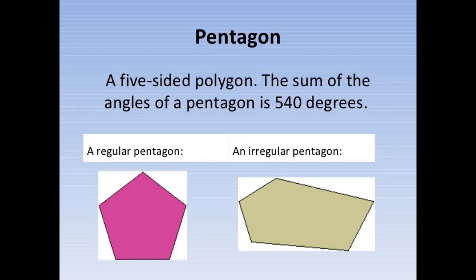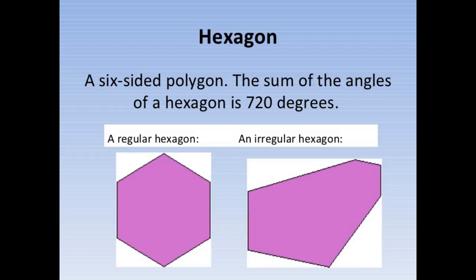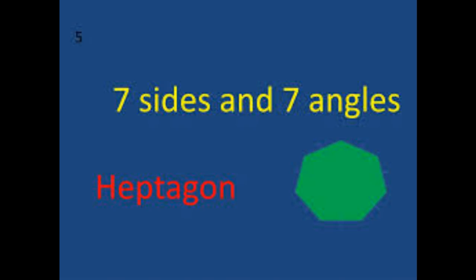Okay, the next one is hexagon, a 6-sided polygon, and the sum of angles of the hexagon is 720 degrees. Got it beta? And the next one is heptagon, which means 7 sides and 7 angles.